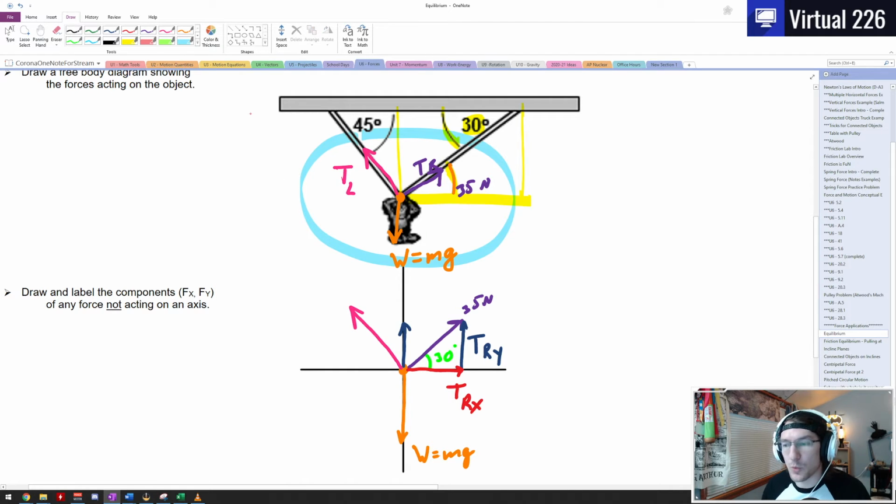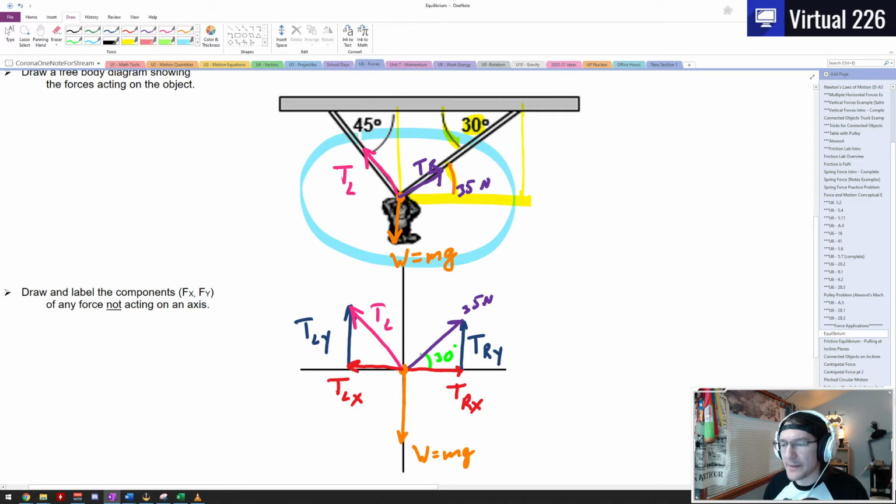The tension to the left, we don't know what it is, but we do know that to the left, there is some amount of tension acting in the X direction. And we know that there is some amount of this left tension acting in the Y direction.